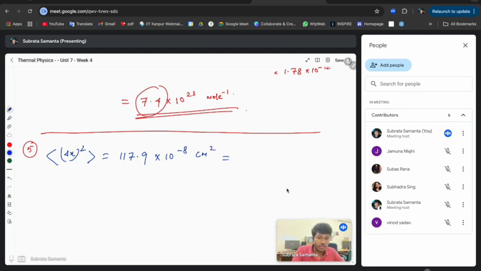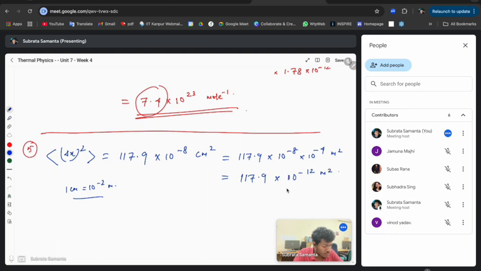If we change into meter square, what is the value? 1 centimeter equals 10 to the power minus 2 meter, so centimeter square is 10 to the power minus 4 meter square. If you multiply, it is 117.9 times 10 to the power minus 12 meter square, right?